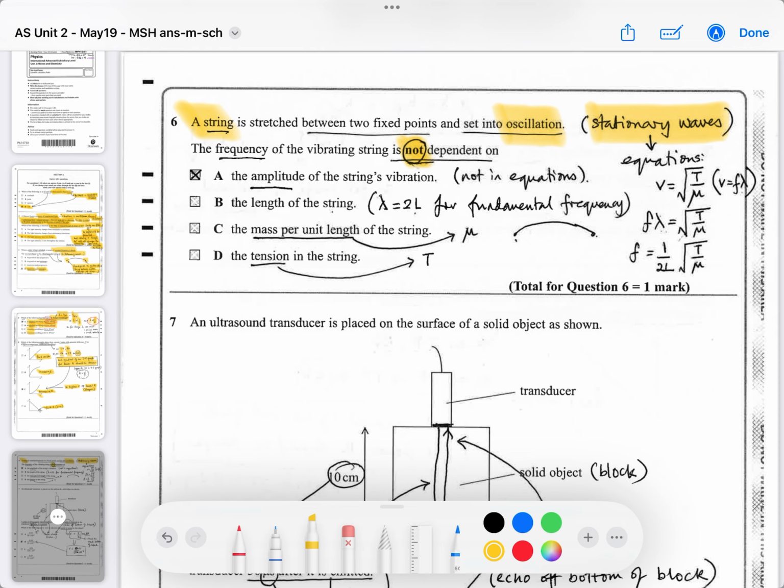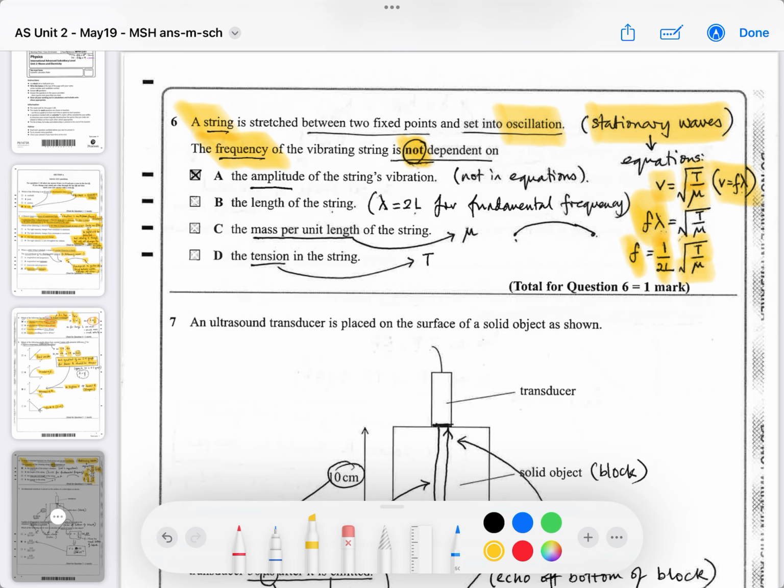The equation for the speed is v equals the square root of tension over the density of the string, the mass per unit length, and we know that v equals f lambda. They're asking about frequency, so we change v for f lambda and make f the subject of the formula. So f is 1 over 2L, square root of T over mu.